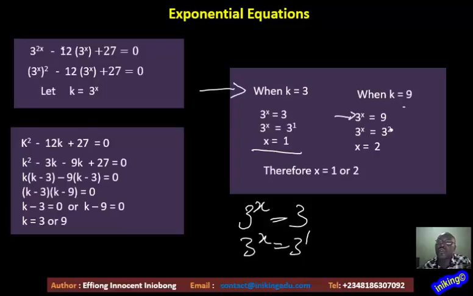Oh, 9 is 3 raised to the power 2. That means our x is equal to 2. So we have finally solved this equation and we have obtained that our x is equal to 1 or 2. Please take note that the question demands that you should find x, not k. We only brought in k just to help us simplify things.